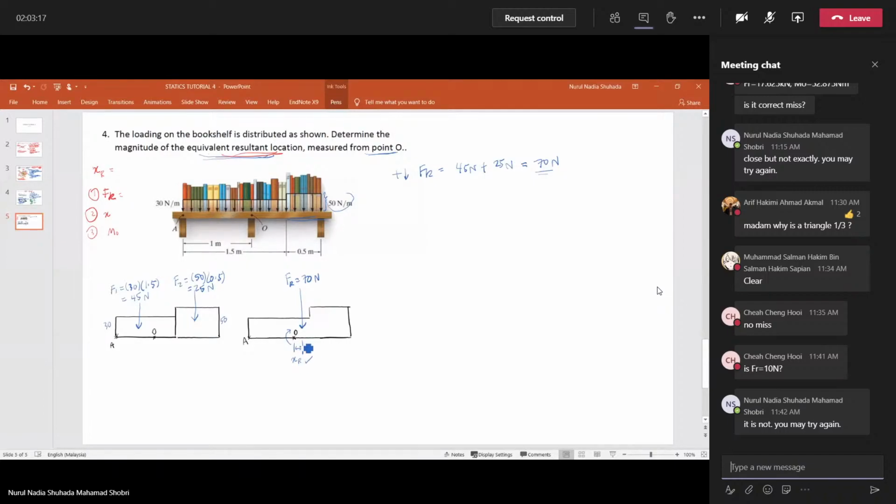As you know, the first diagram here is equal to the second diagram here. So if you can find the moment of the first diagram, then you can equate the moment to the second diagram.